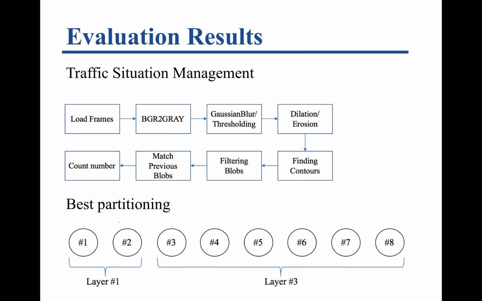The last application is traffic situation management, and we designed 8 actors for this application. The best position is that the first 2 actors be deployed into the first Raspberry Pi, and other actors be deployed into the desktop computer.